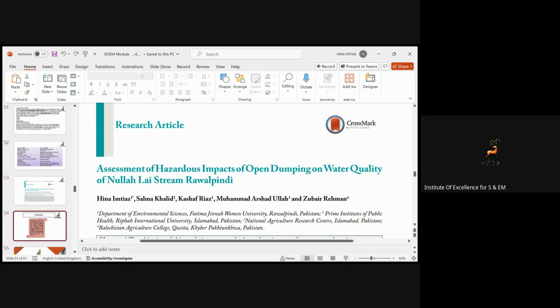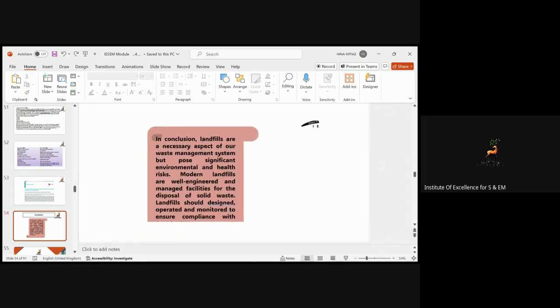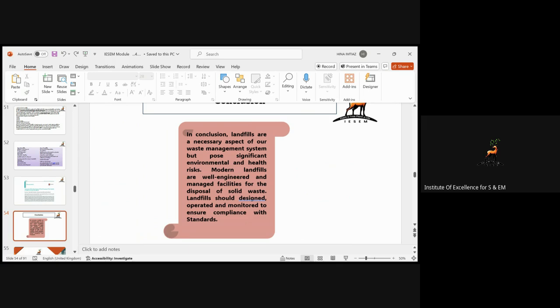So lastly, I want to say that landfills are necessary aspects of our waste management system, but they are posing a significant environmental and health risk. But if we modify the existing landfills, and if we build landfills that are well engineered and managed facilities for the disposal of solid waste, then landfills should be designed in such a way that they are operated and monitored to ensure compliance with the standards.